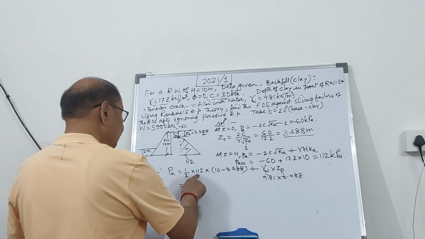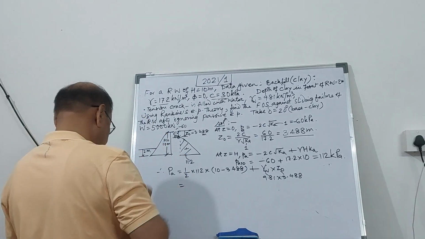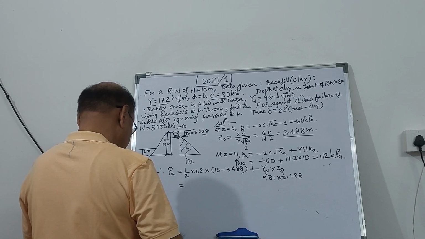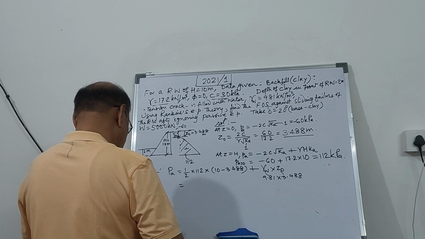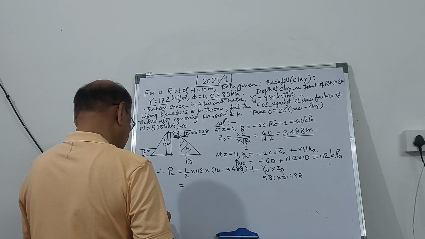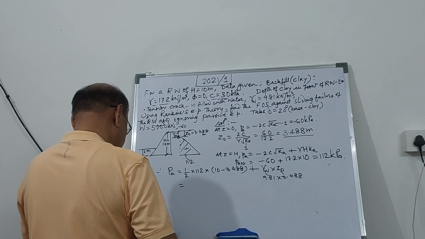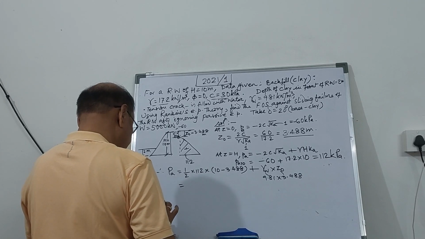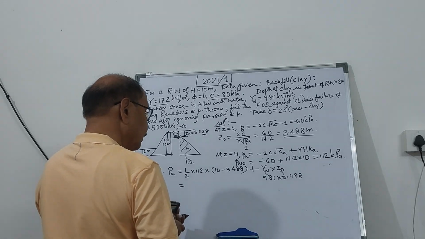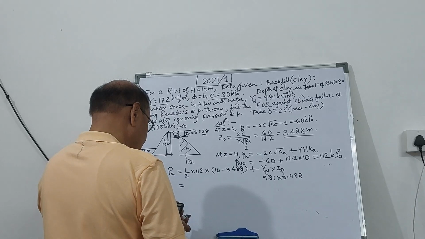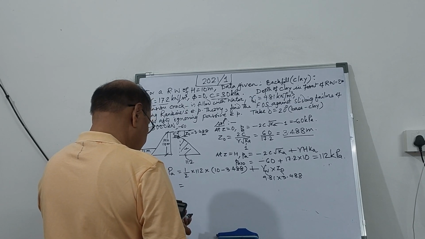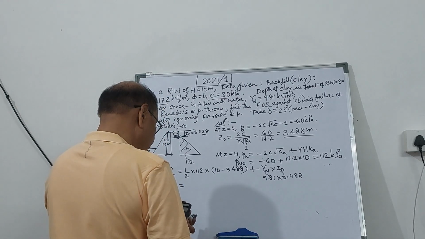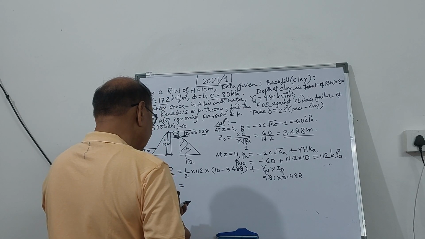So this becomes 56 multiplied by 10 minus 3.488 plus 9.81 into 3.488.